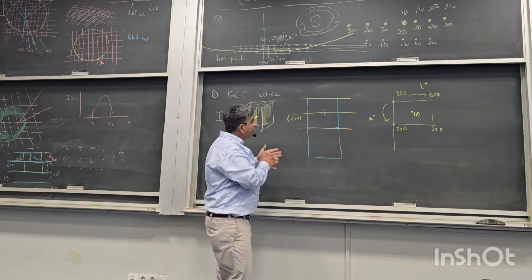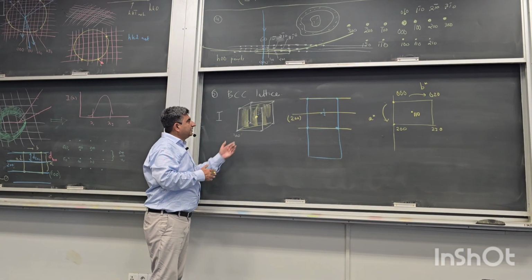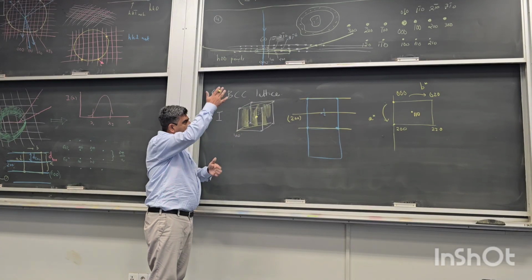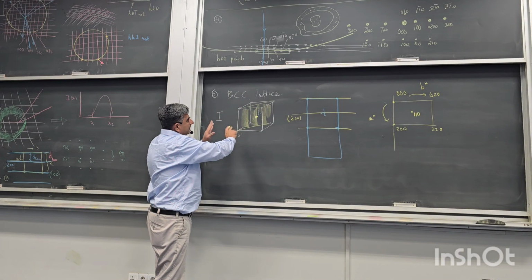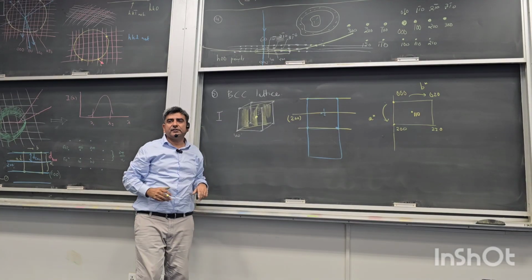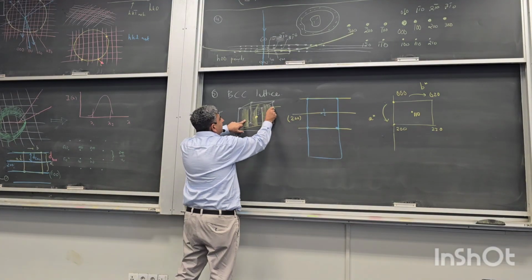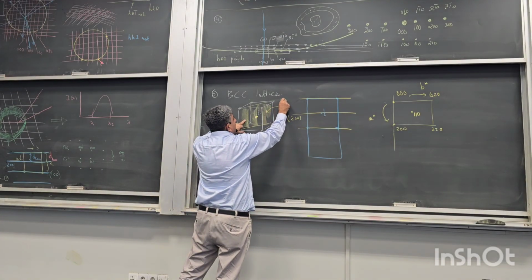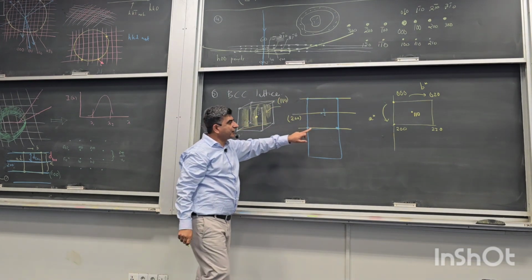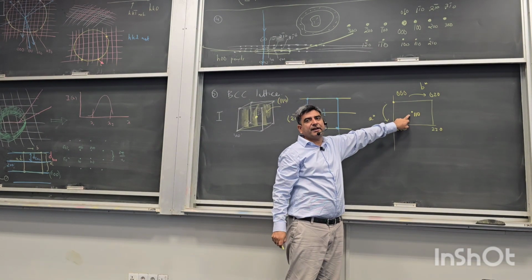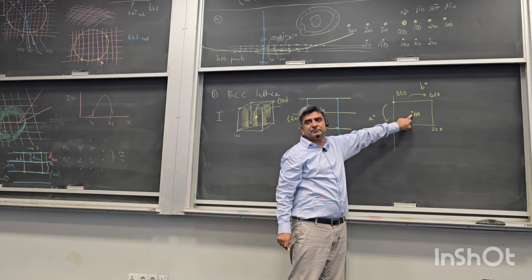Now if I move along the diagonal, I encounter this plane which has been shown to you in this direct structure, and there is an atom in that plane, and this plane is the 1, 1, 0 plane, isn't it? So there is now a point in the reciprocal space at the location 1, 1, 0.